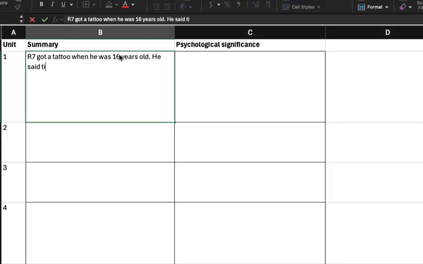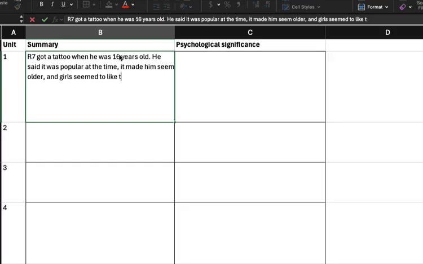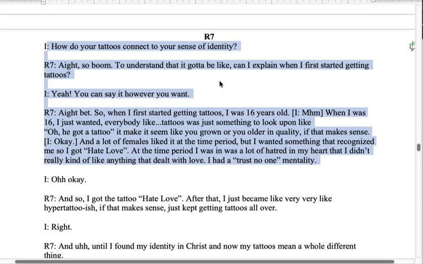He said it was popular at the time. It made him seem older. And girls seemed to like tattoos. So I'm just describing in my own words kind of what was described. What R7 had said. So let me see.